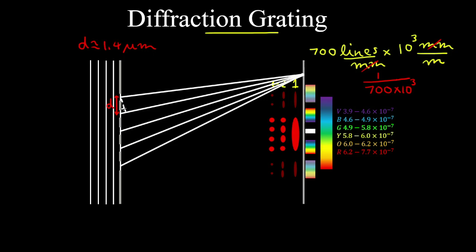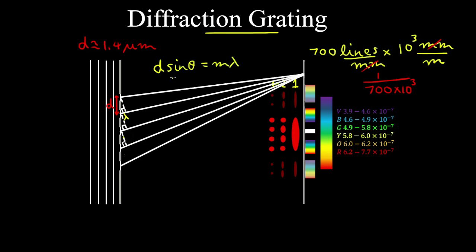So the relative distance that these waves have to travel has to be a multiple of a wavelength for them to constructively interfere. So essentially, d sine theta is equal to m lambda.